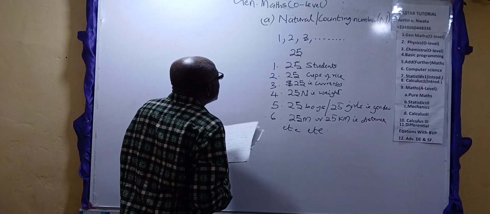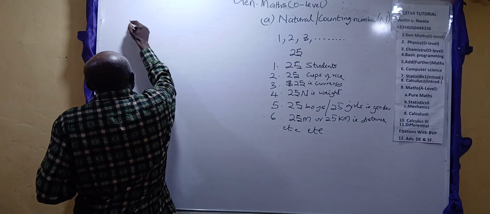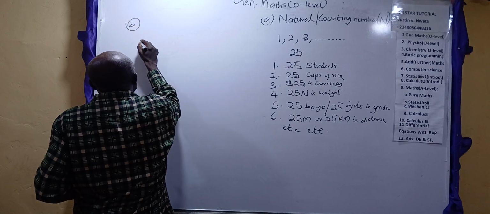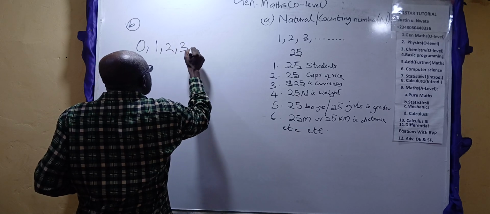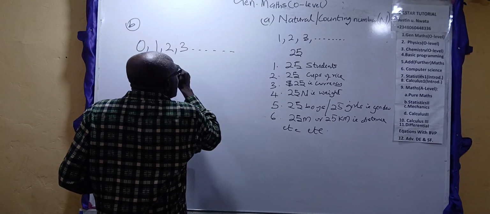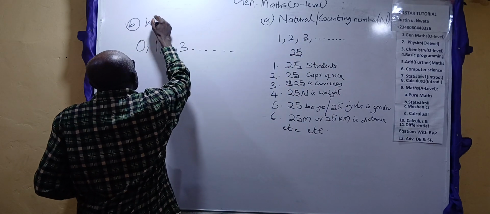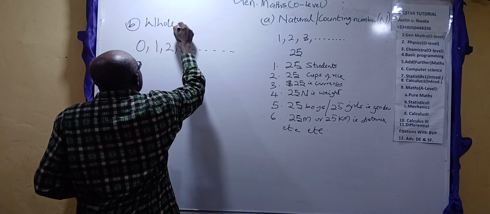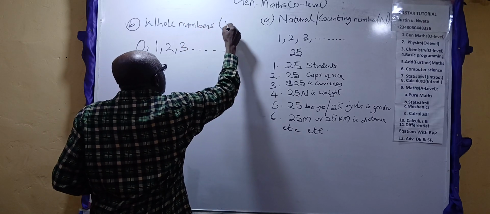Hence, mankind worked on this and improved on it, and added another thing called 0, 1, 2, 3, and this continues. When 0 was added, the number changed from natural or counting numbers to whole numbers, with the symbol W.